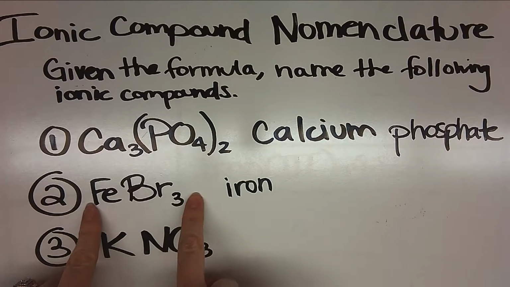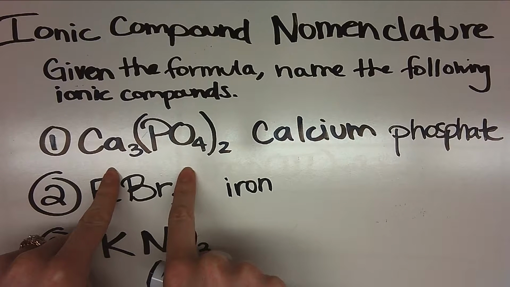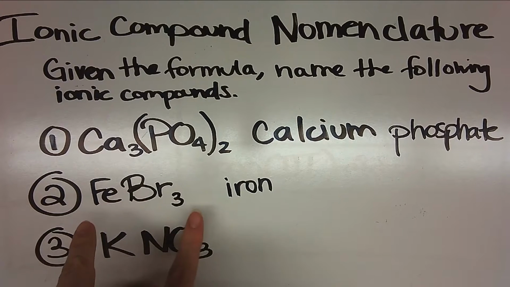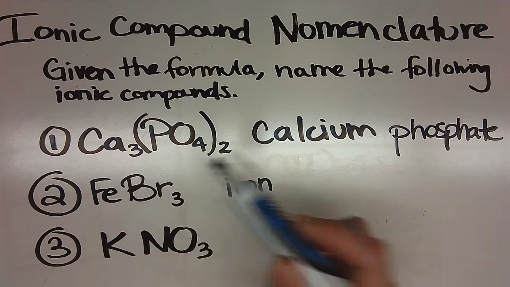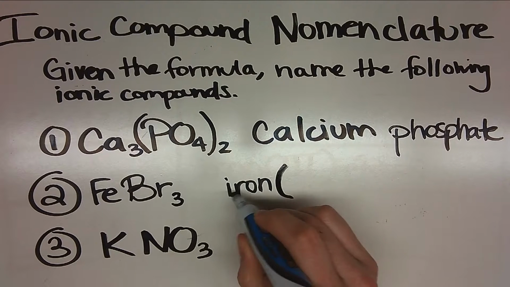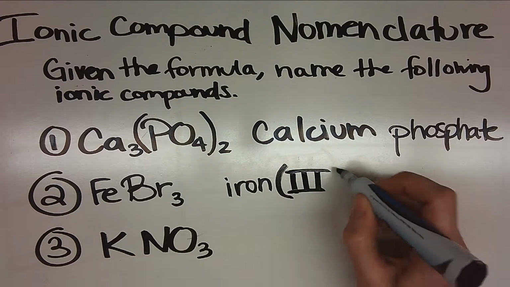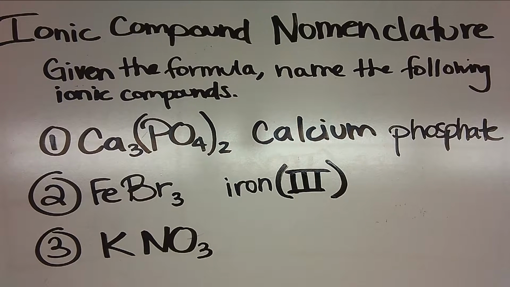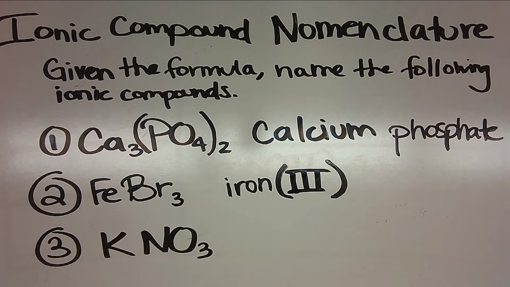So this compound was formed between iron with a +3 charge and bromide with a -1, and we crisscrossed. So iron initially had a +3 charge. So I'm going to show that. I'm going to put iron, and then in parentheses I'm going to, in Roman numerals, put its charge. So this is saying iron with a +3 charge.